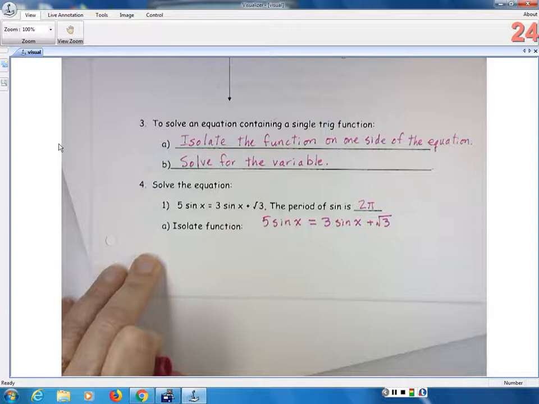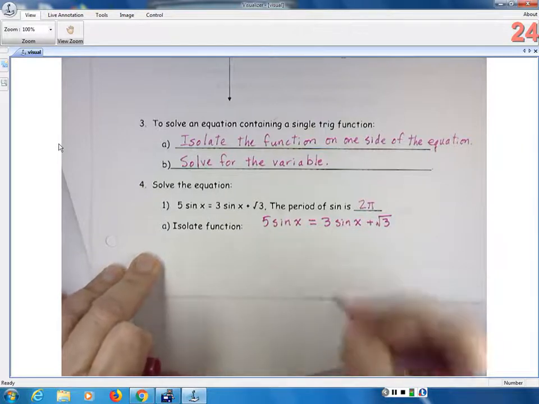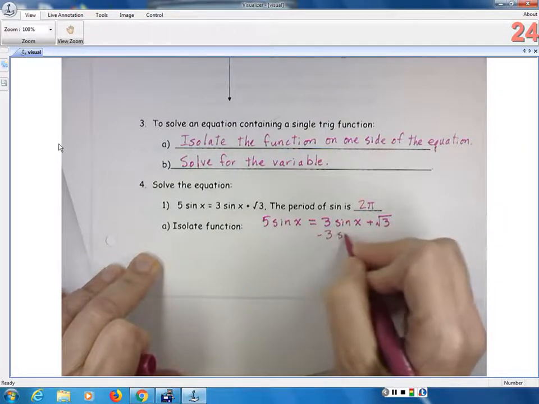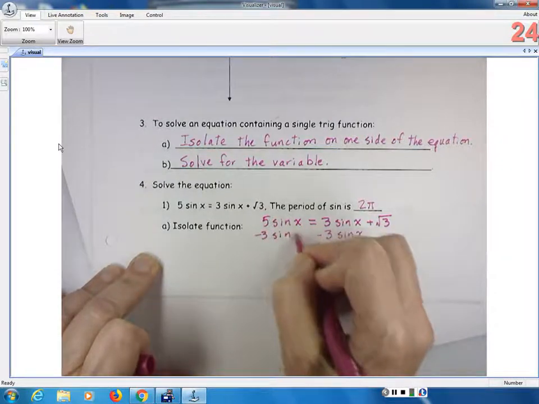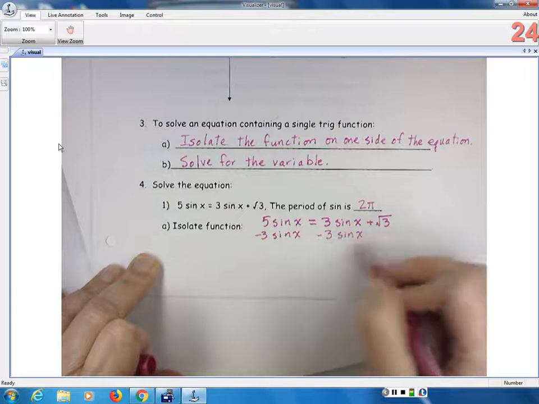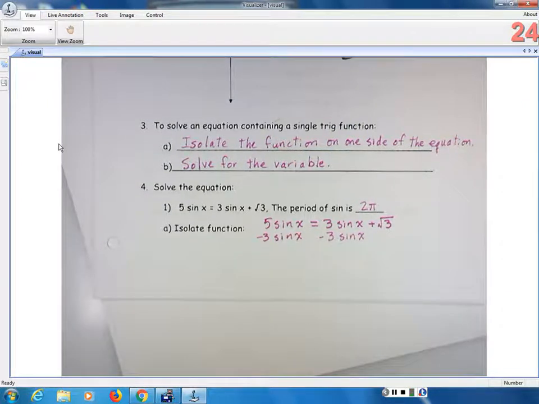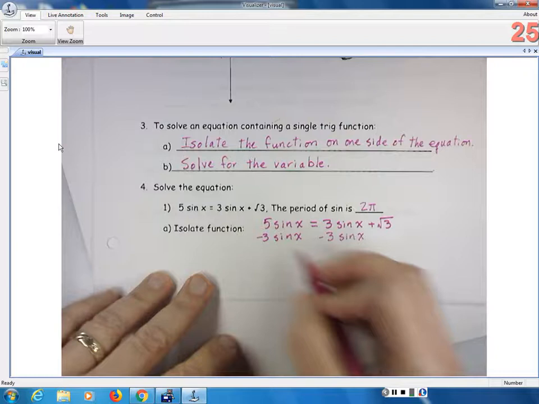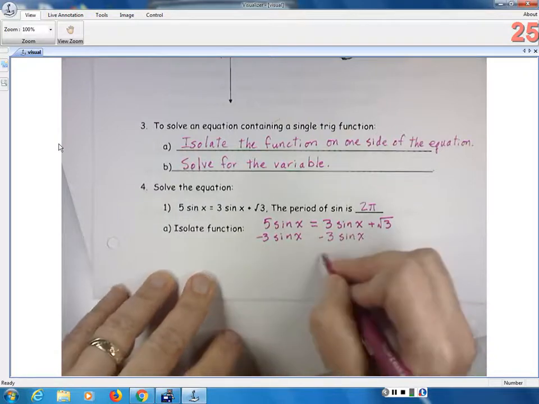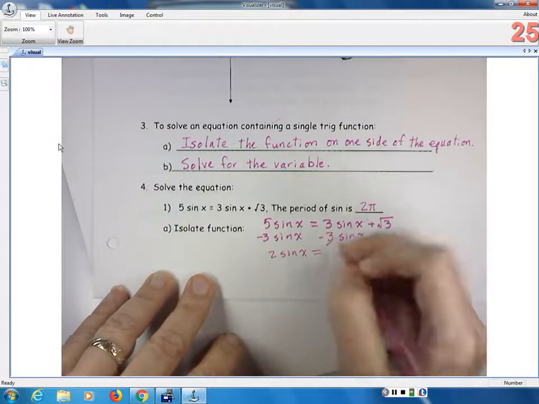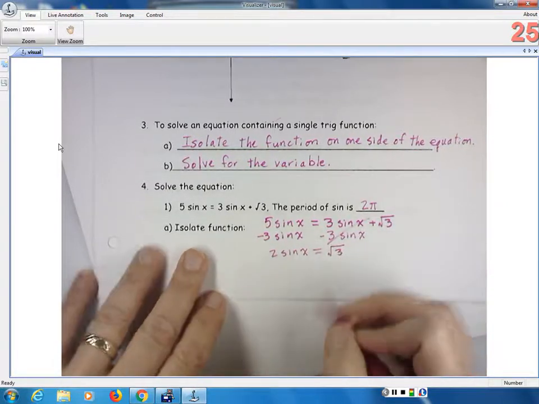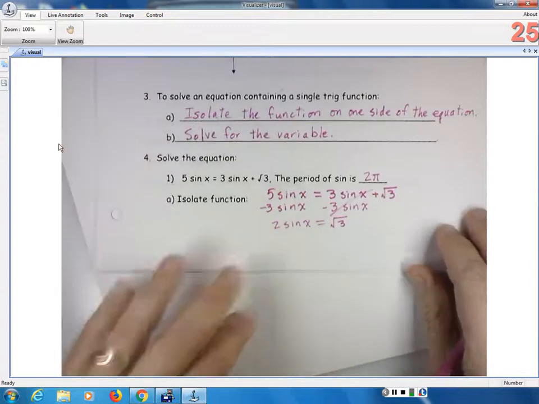We want to get all of our sine x's on one side, so I'm going to subtract 3 sine x. We're treating the whole trig function sine x like a variable right now. We're going to get that by itself on one side, and we get 2 sine x equals the square root of 3. Now we divide by 2.